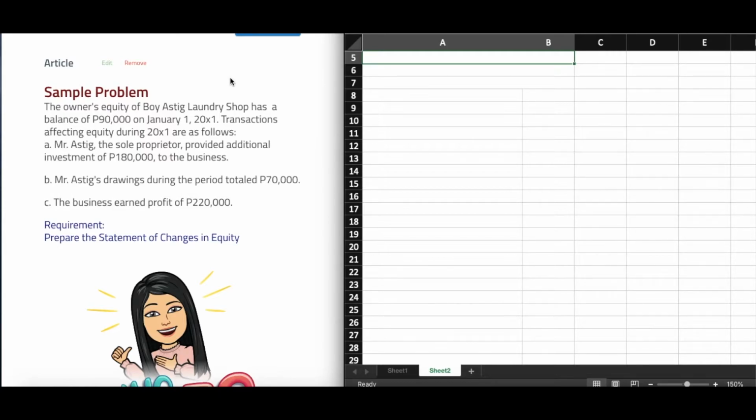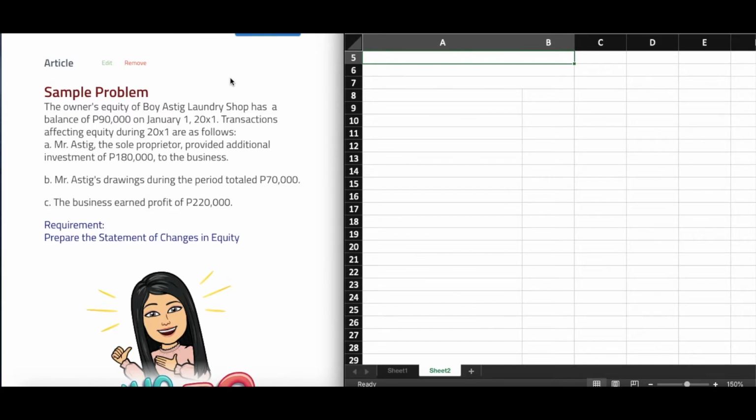Letter A, Mr. Astig, the sole proprietor, provided additional investment of 180,000 to the business. And letter B, Mr. Astig's drawings during the period totaled 70,000. And letter C, the business earned profit of 220,000 pesos. Requirement, prepare the statement of changes in equity.